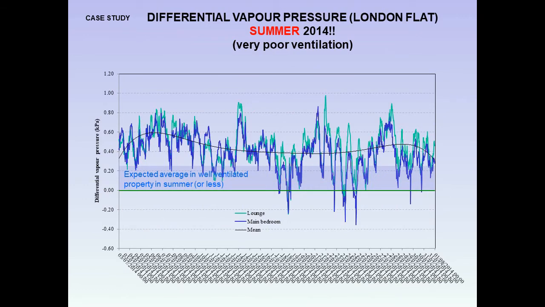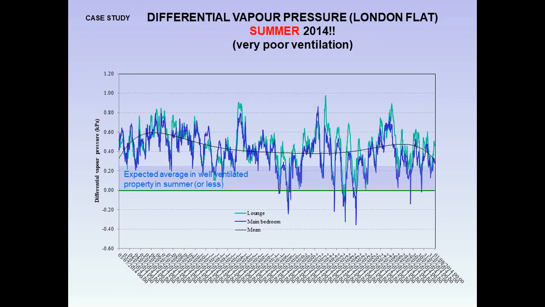This is an internal investigation in a London flat in the summer of 2014. Now, I hasten to add, I don't really do anything in relation to internal atmospheric moisture monitoring during the summer. However, there was a lot of hassle over this particular case, and in essence, there was a force to get somebody in there to look at it, and this was the result.